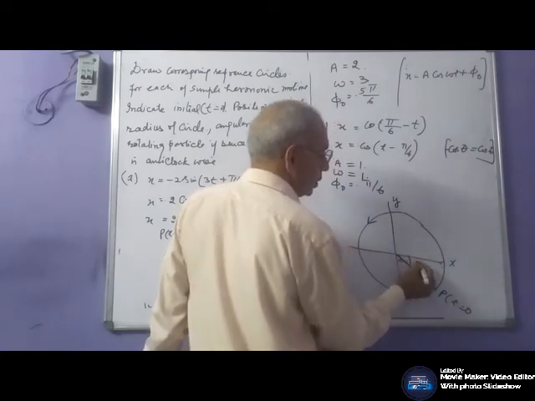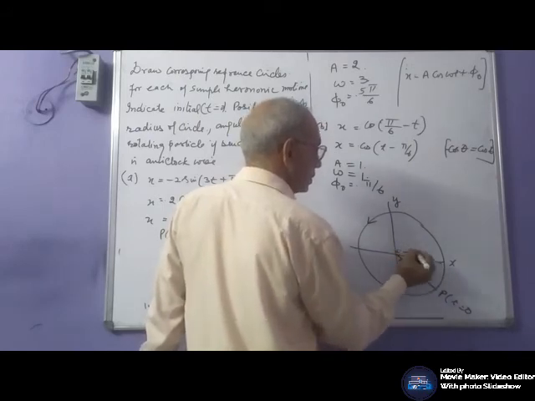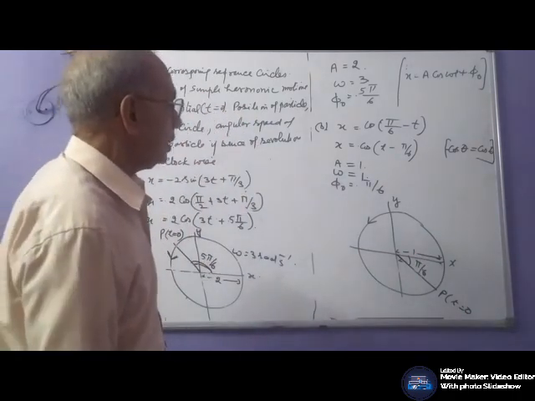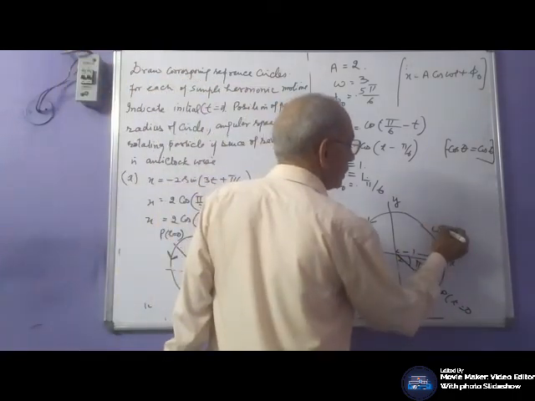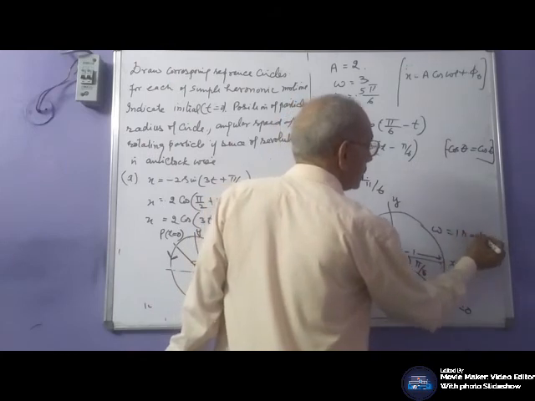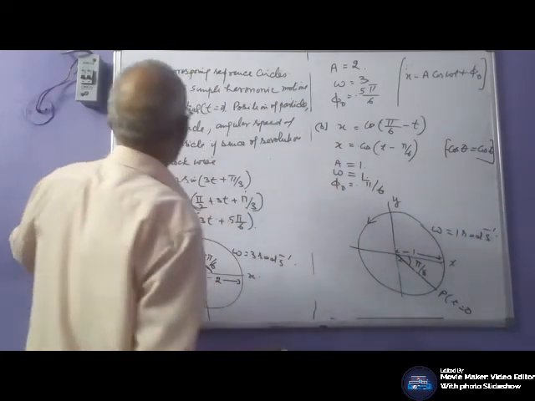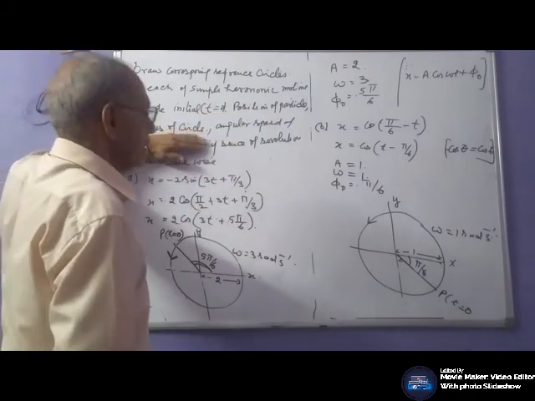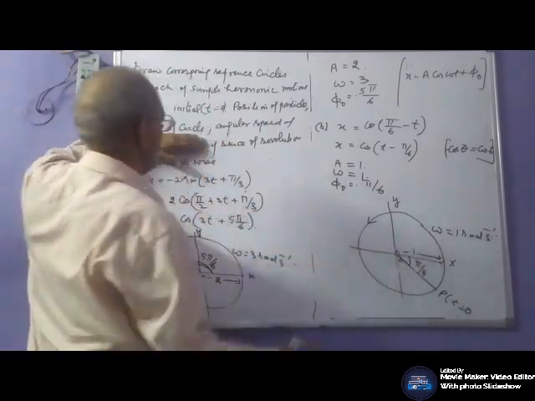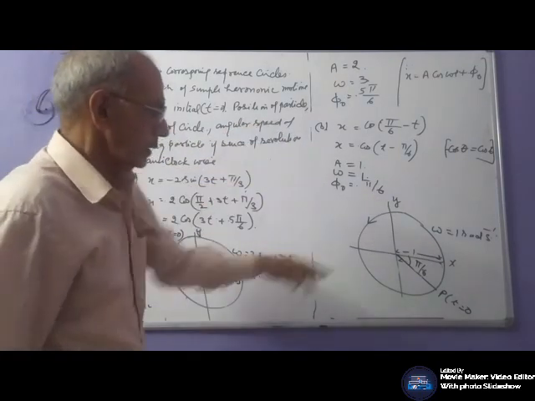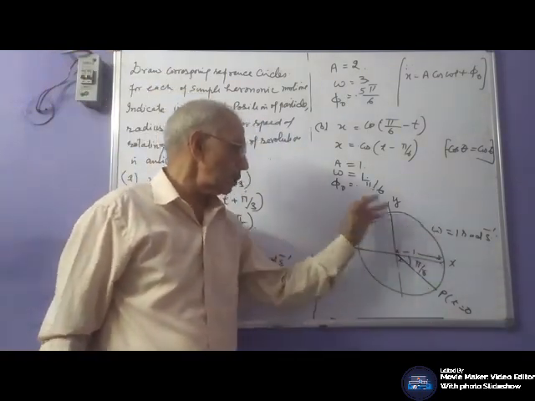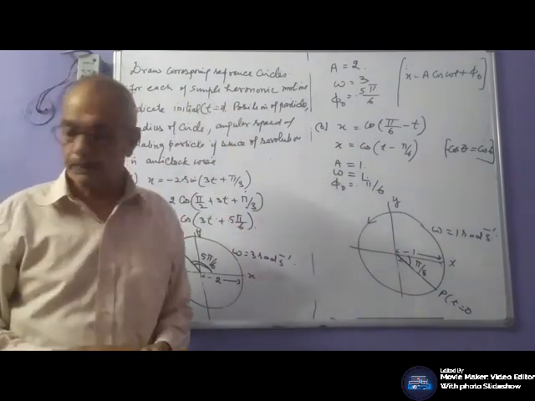This is pi by 6. This is the corresponding circle, and omega. What we have to write? Indicate initial position, radius, angular speed. So this is starting, this is radius, this is angular. Sense of revolution is given.